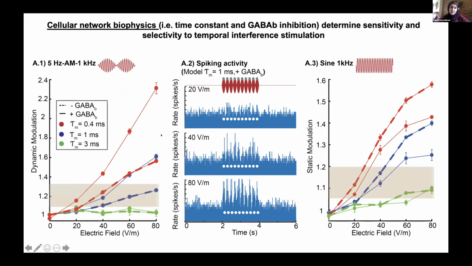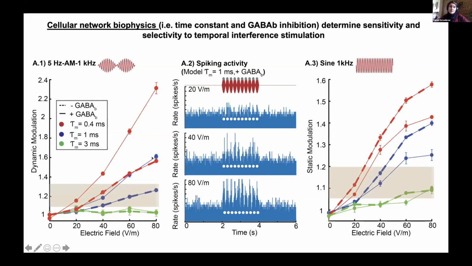And as you can see here, it's complicated, so let me walk you through this. This solid blue line is the one that reproduces our results in the experiment.